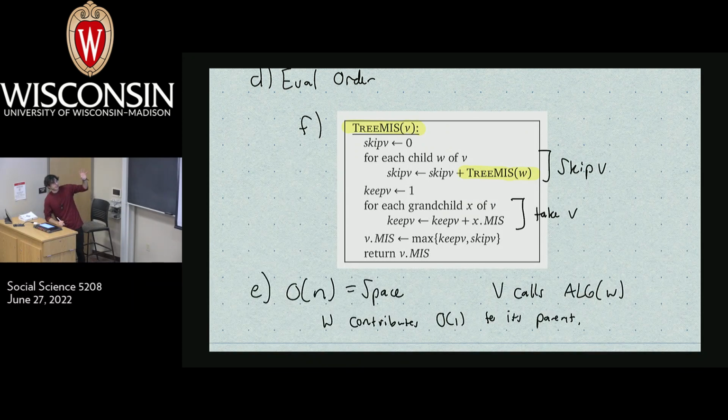So instead of looking at V and seeing what's going on down there, we look at W, the child, and say, okay, for W to contribute to V's count, we just do one addition. That's because of the one addition right here. So if each node contributes constant to its parent, then we have O of 1 per parent, and that's O of n for the whole tree, because there are n total parents in the tree.